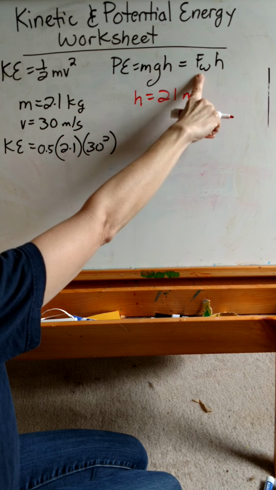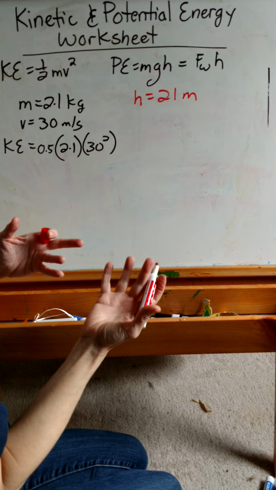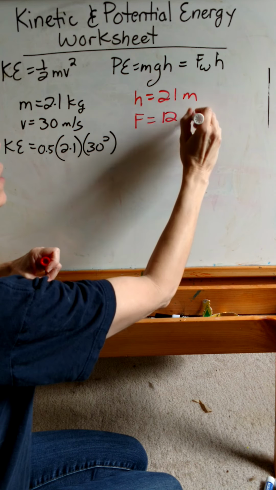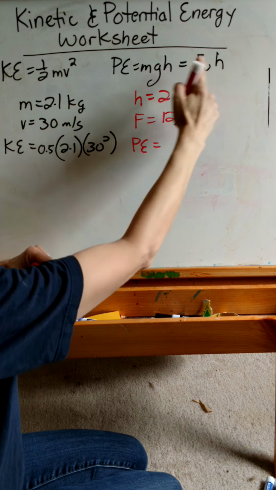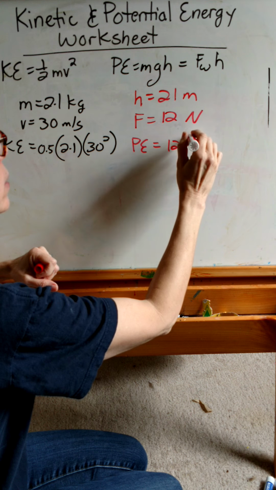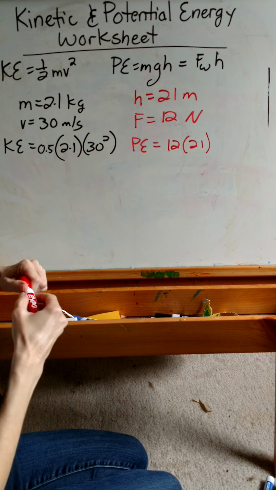Weight is a force, and we know that's a force because they gave it to us with the unit of newtons. So we have force equals 12 newtons. Potential energy due to gravity is force times height. So we are going to have 12 times 21, and that's how you're going to calculate that problem.